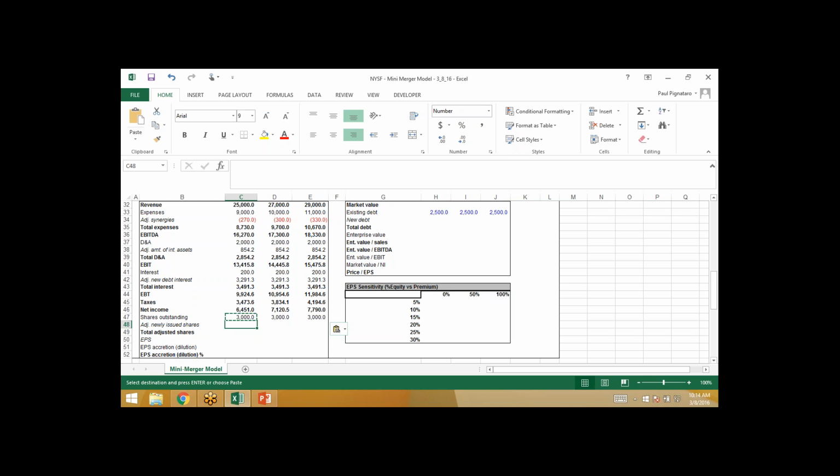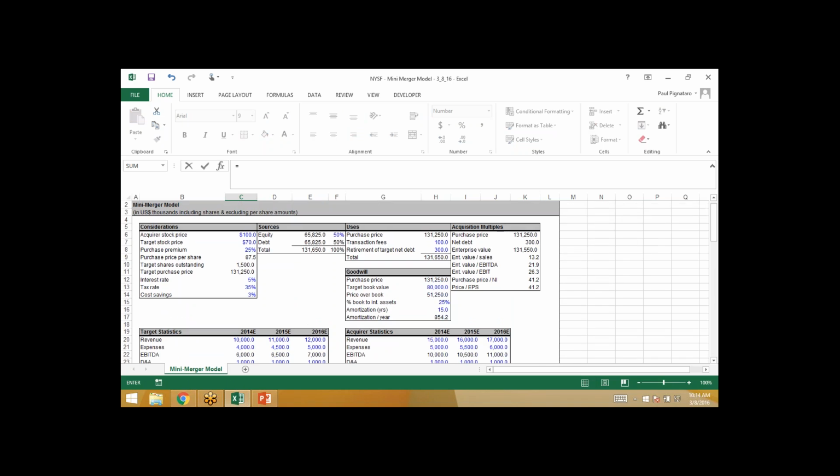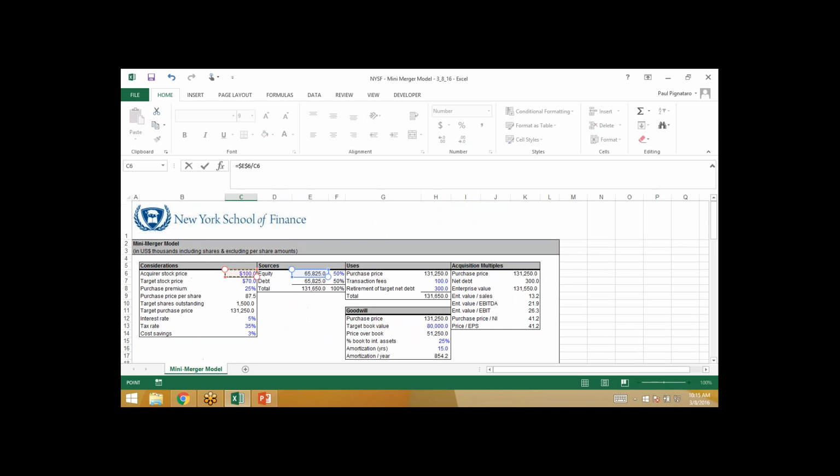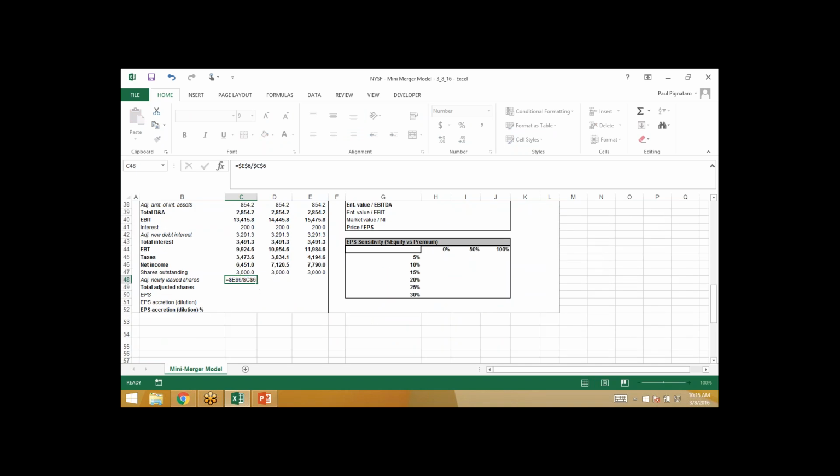How do we calculate the new shares? Yeah, good. It is the equity raised to fund the acquisition, 68,825. Anchor it. Divided by the acquirer share price. You're the acquirer. You'll be raising money out in the open market at your share price, maybe even at a discount. That's the perspective. Copy to the right.